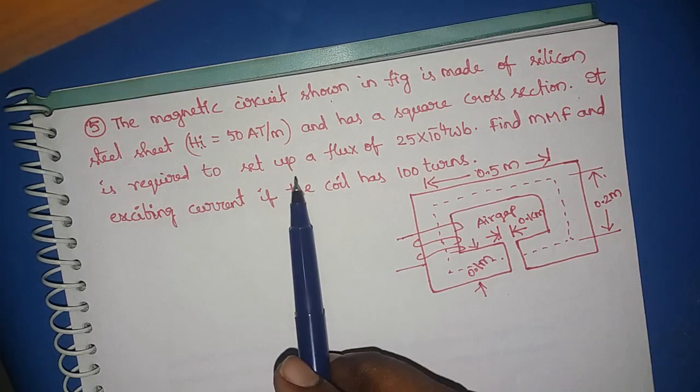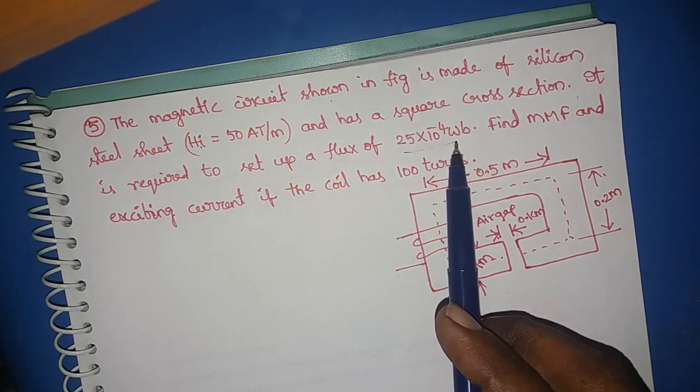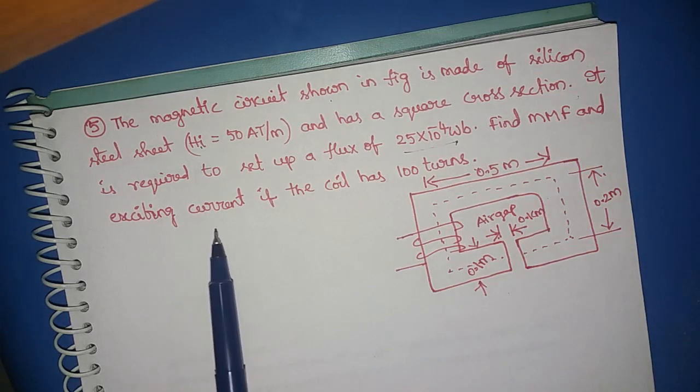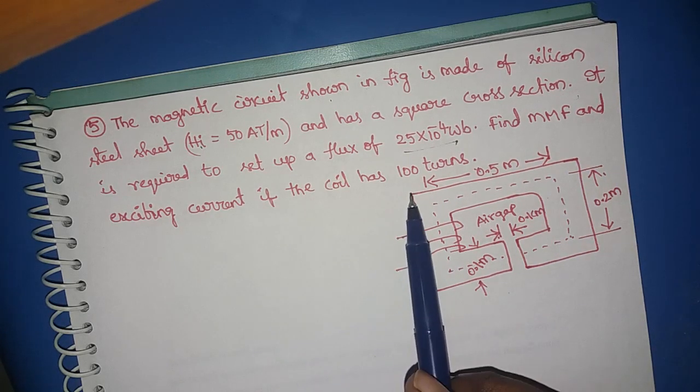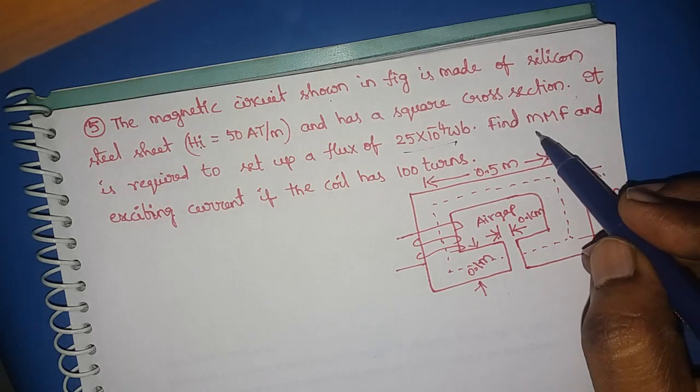It is required to set up a flux of 25 into 10 power minus 4 Webers. Then find the MMF and exciting current if the coil has 100 turns. So first we need to find the MMF.